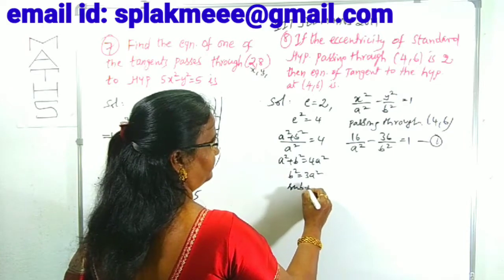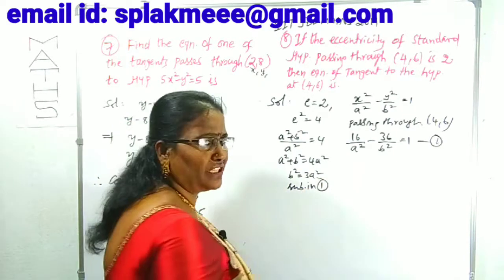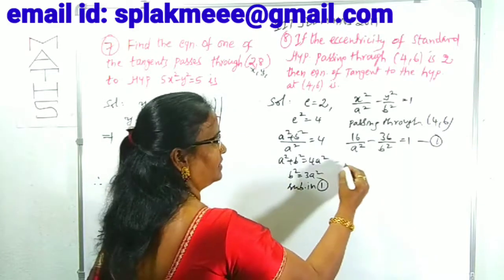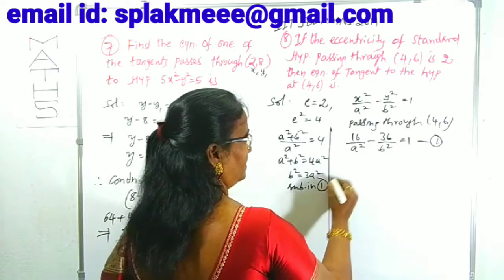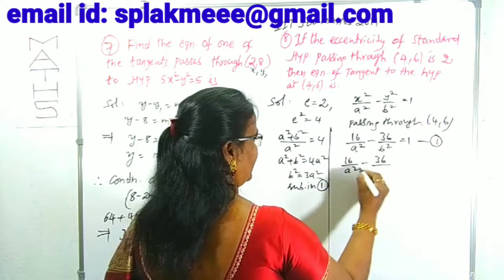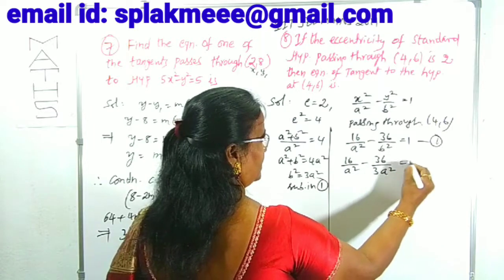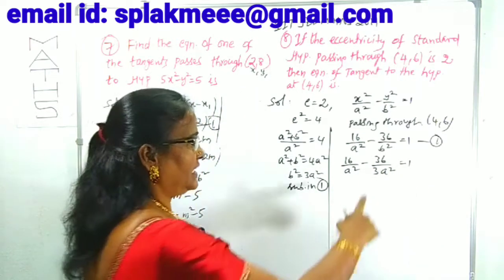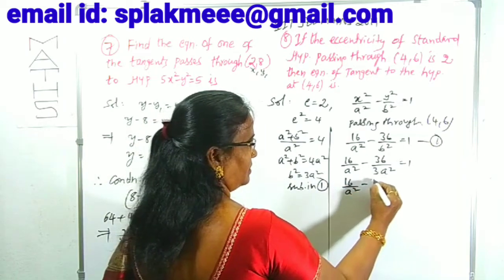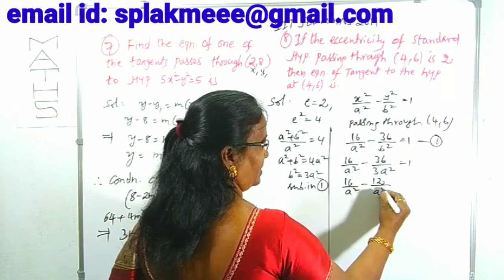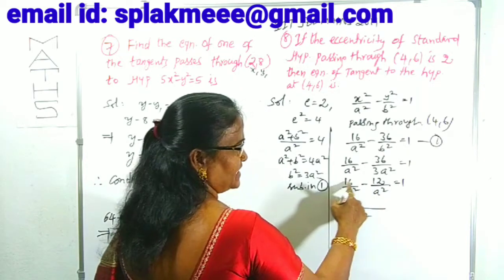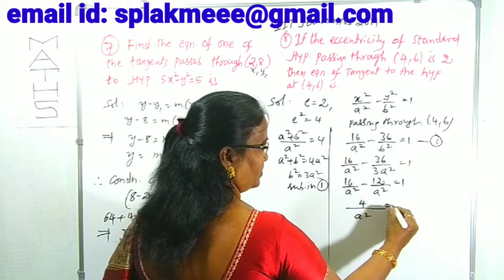Substitute in equation 1. We need to find a square and b square directly. Substitute here. What happened? 16 by a square minus 36 by 3a square is equal to 1. The 3 will be cancelled, giving 12 by a square. Taking the LCM, a square: 16 minus 12 will be 4, equal to 1.